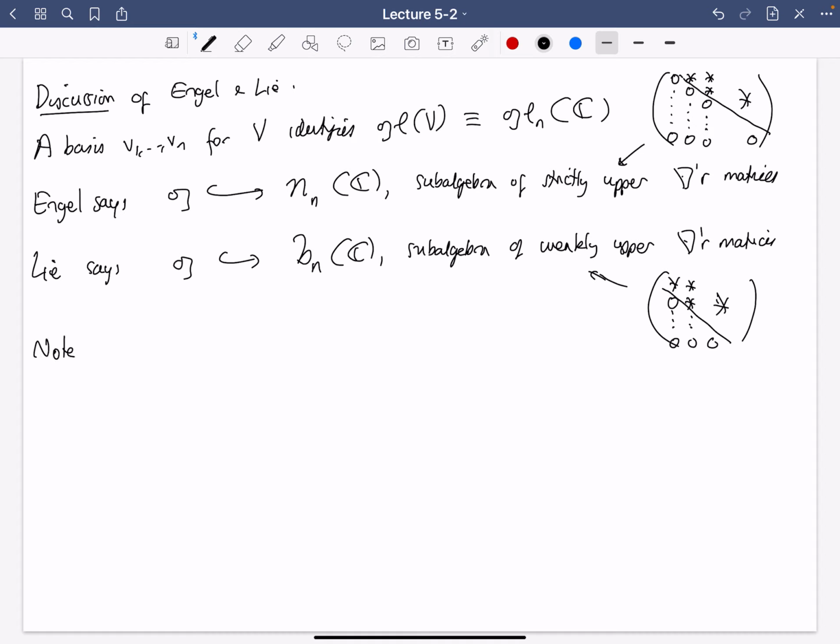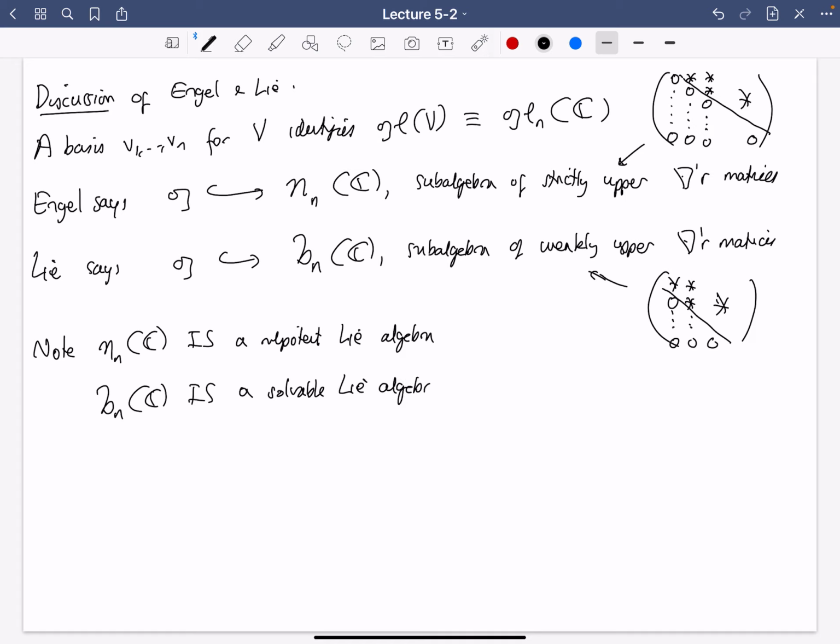So maybe you've done this exercise before, but you should note at this point that N_n(C) is a nilpotent Lie algebra. And B_n(C) is a solvable Lie algebra. And also the derived subalgebra of B is N.